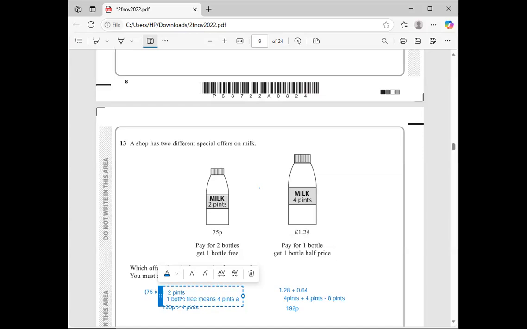That means it's already 4 pints. That's 2 bottles. One bottle free will mean how many altogether? That would be 6 pints in total. Sorry, my bad here. That's 6 pints.